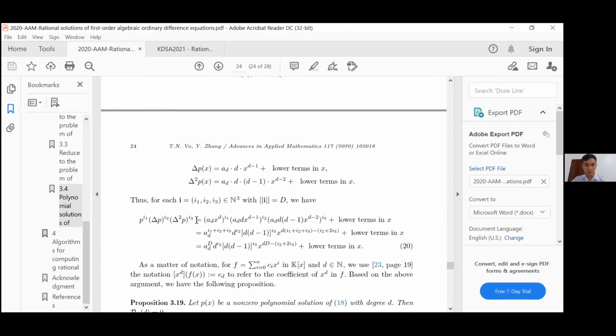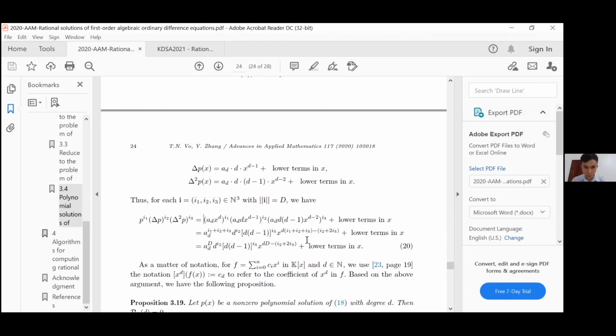So this is how each monomial counts, when we substitute y(x) and delta y(x) and delta square y(x) into each monomial, and we catch only the leading term. We catch only the leading term, and we do computation in the leading term. Okay.